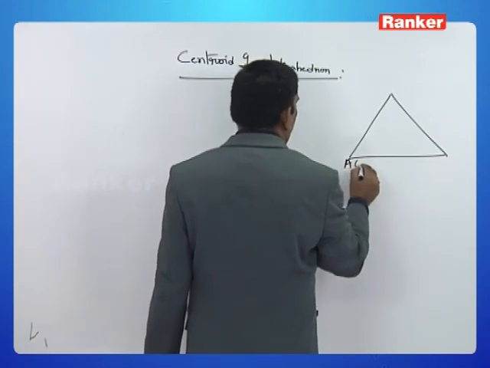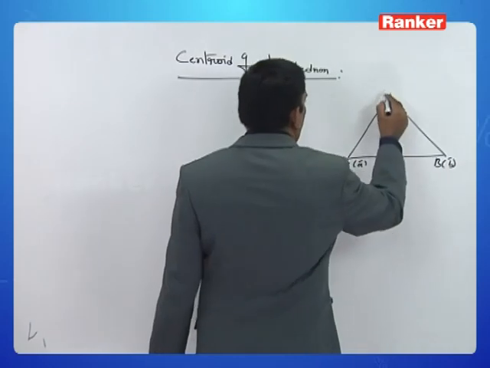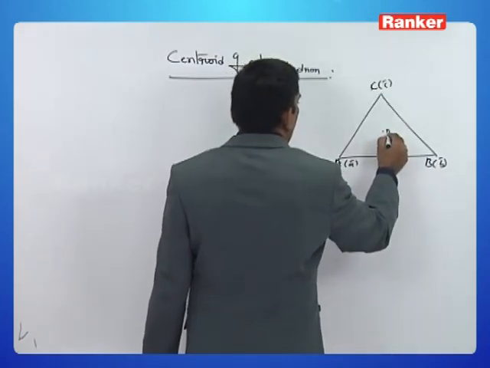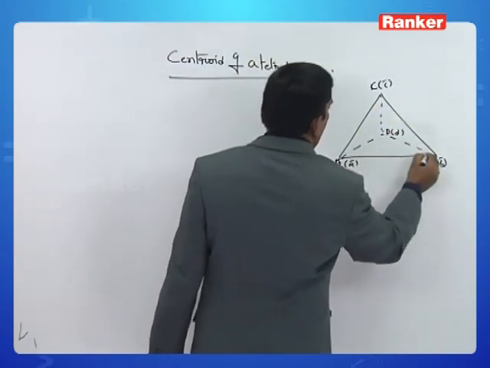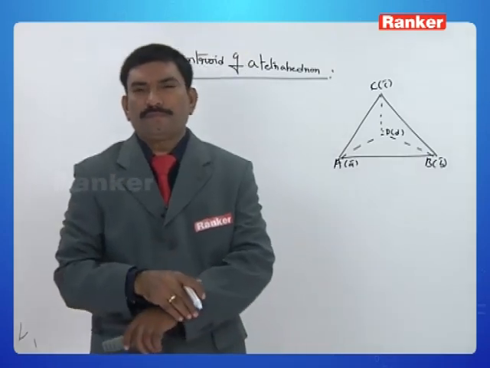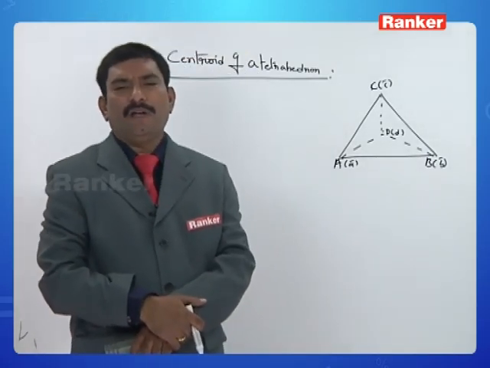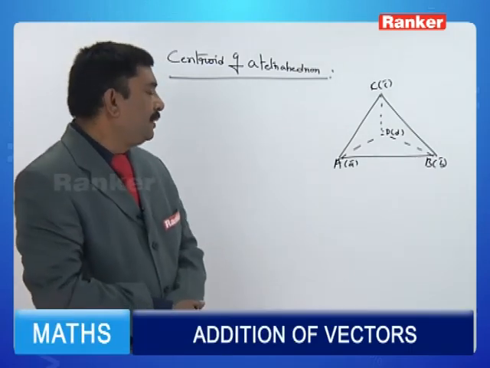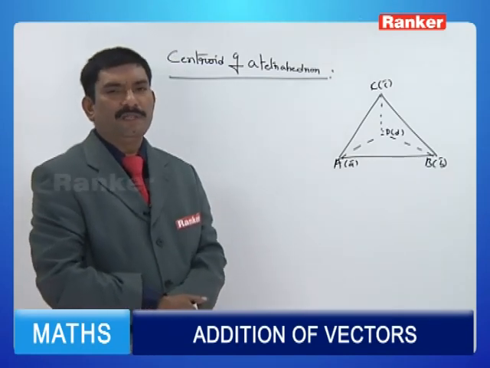A of A bar, B of B bar, yes, C of C bar, and D of D bar. Now, A bar, B bar, C bar, and D bar are the position vectors of what? The 4 points A, B, C, D.